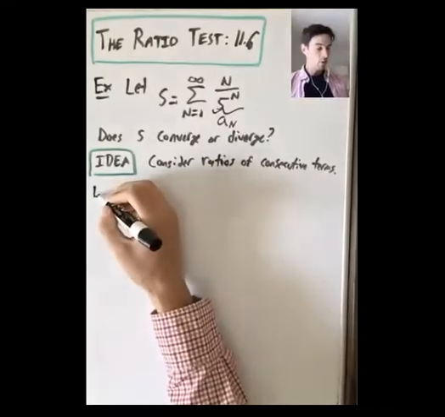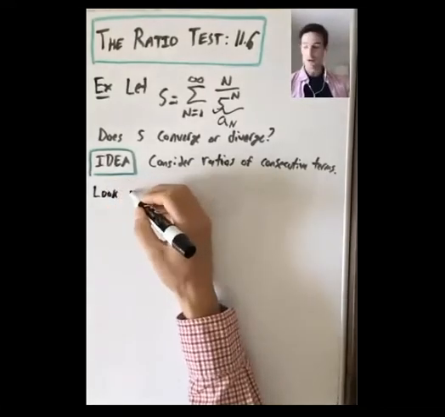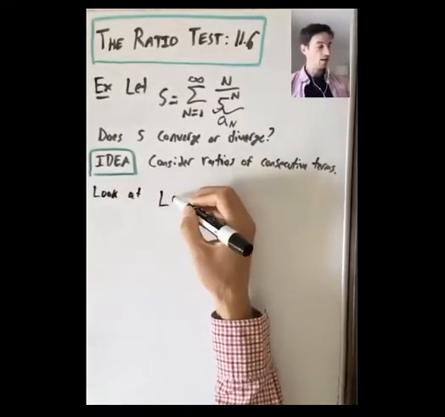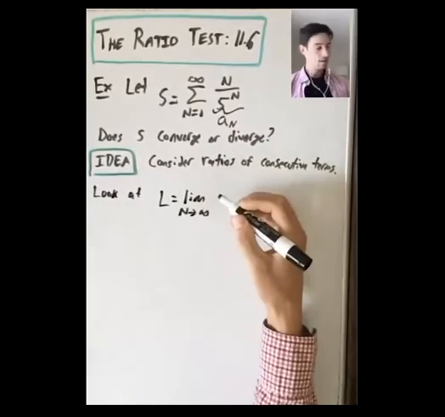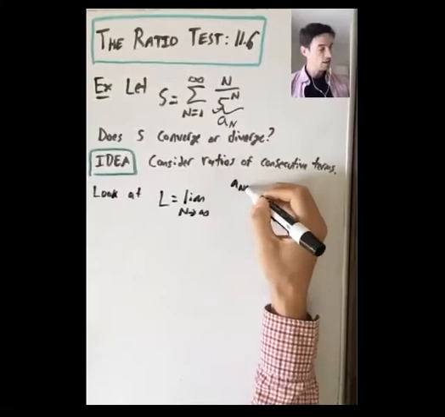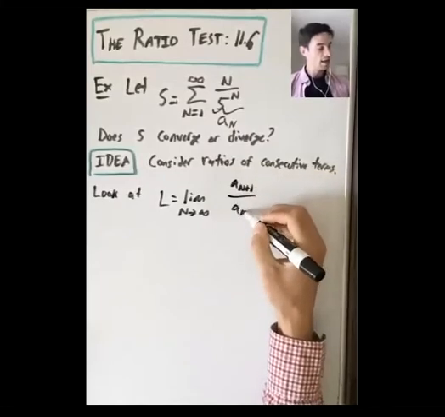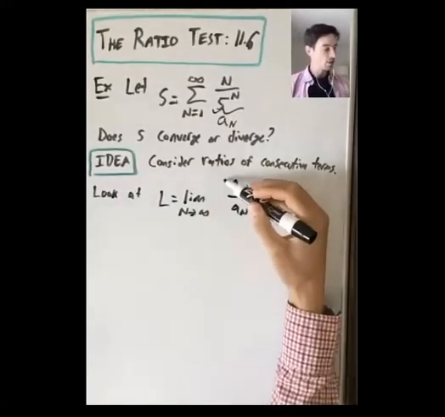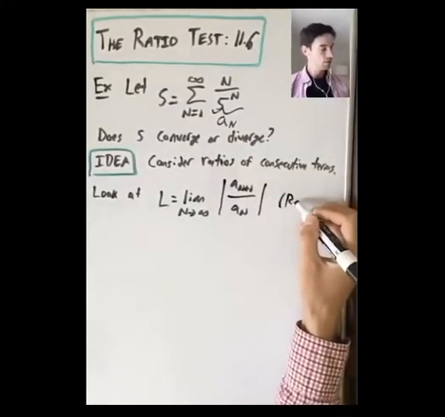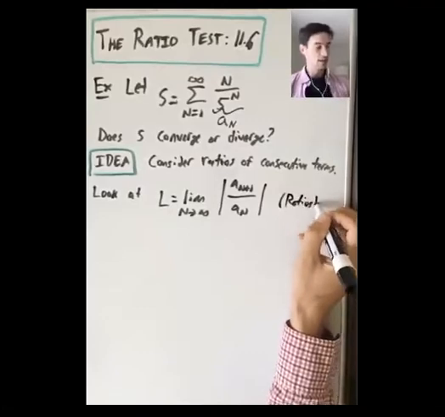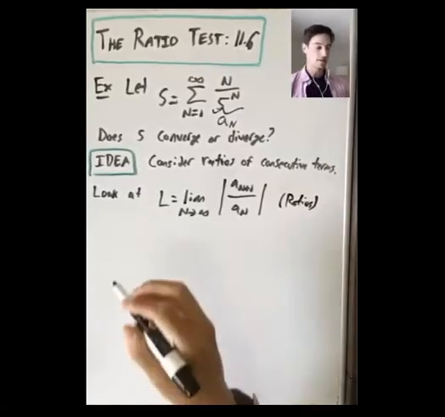So let me be more precise. We're going to look at L, which is the limit as n goes to infinity of a_{n+1} over a_n, but not just the ratio of the terms, we'll put in absolute values. So these are the ratios that we need to look at for the ratio test.